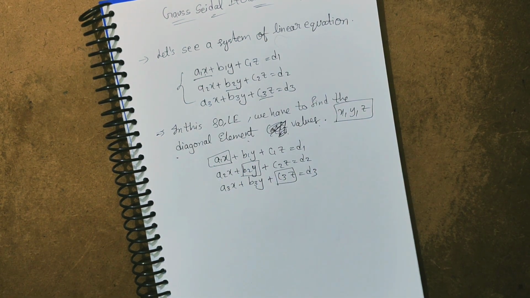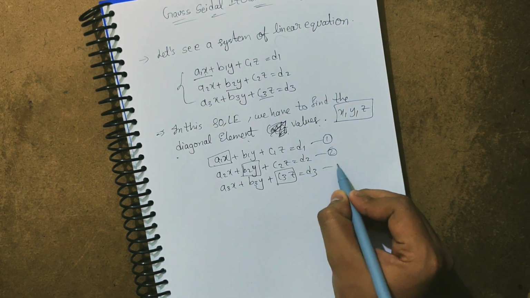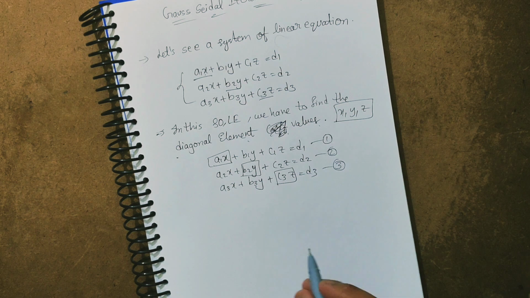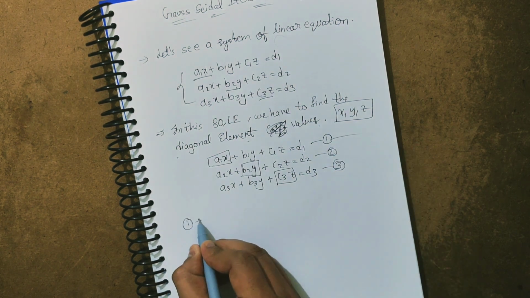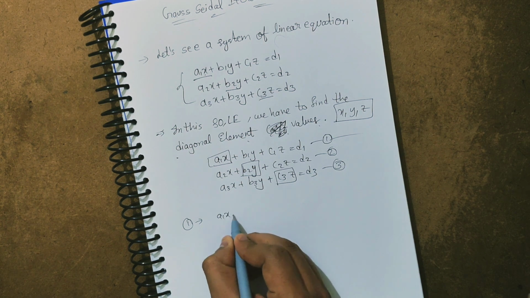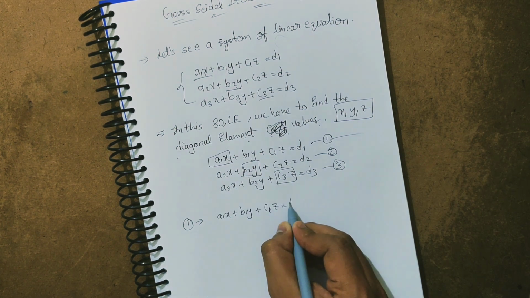Okay, how we can find? Let's take this as first equation, second equation, third equation. So in first equation, let's take this equation. First equation, a1x plus b1y plus c1z equal to d1.